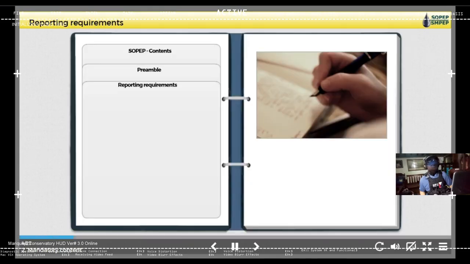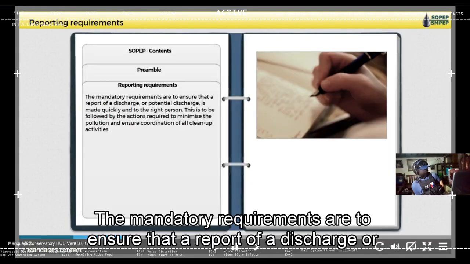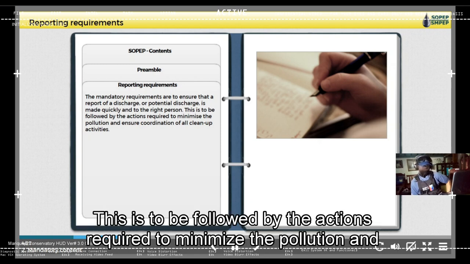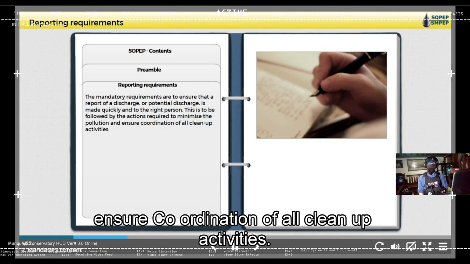Okay, next panel. The mandatory requirements are to ensure that a report of a discharge or potential discharge is made quickly and to the right person. This is to be followed by the actions required to minimize the pollution and ensure coordination of all cleanup activities.